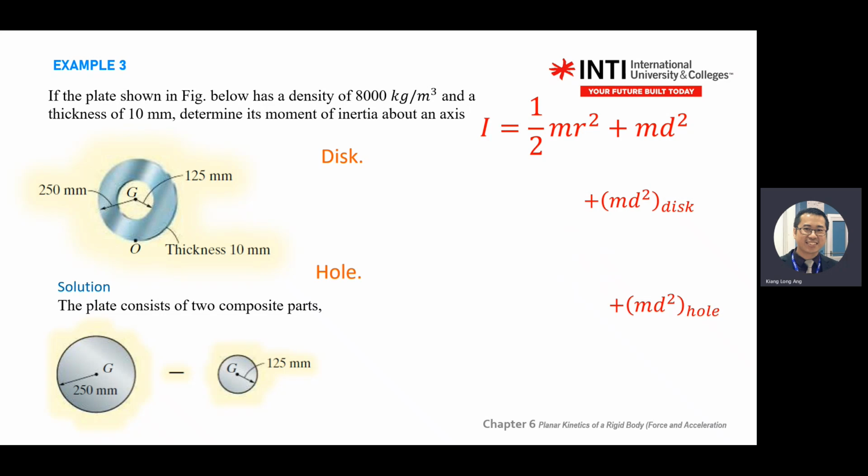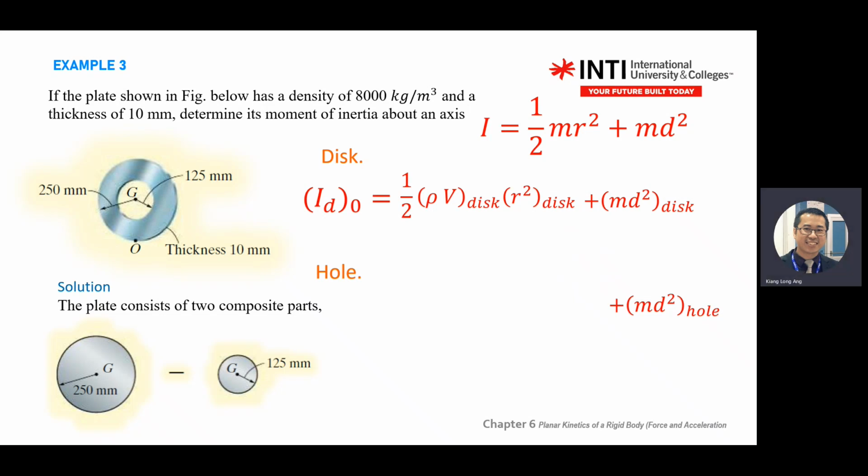So we look at this and the hole. This is a hole. So this one plus this one. Correct? A full circle plus a hole. Although it's a minus. Minus means you remove a solid. But if you look at the hole, it means the removed part. So you just substitute. How to find mass?